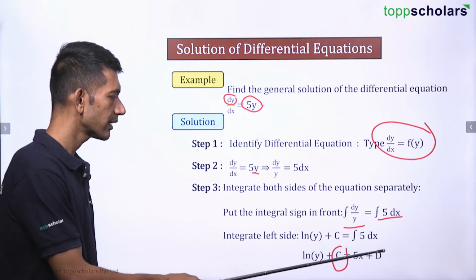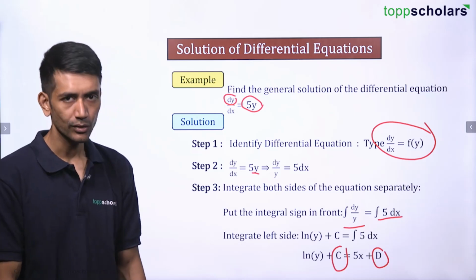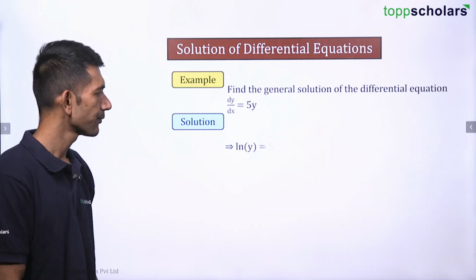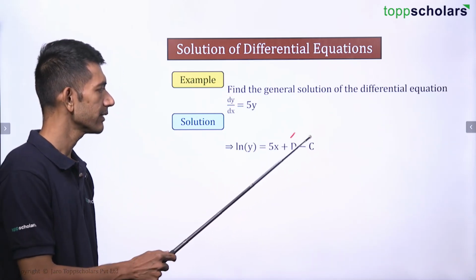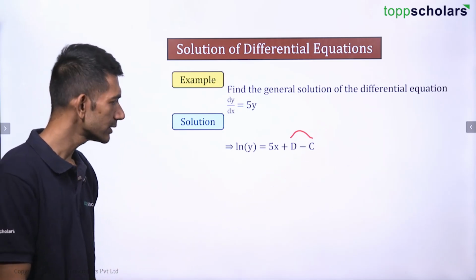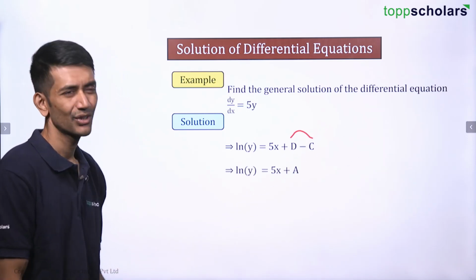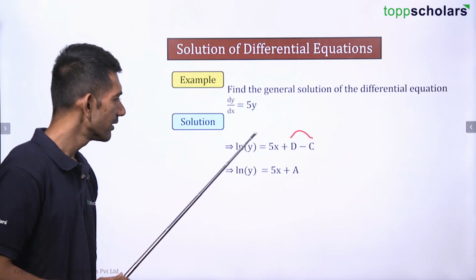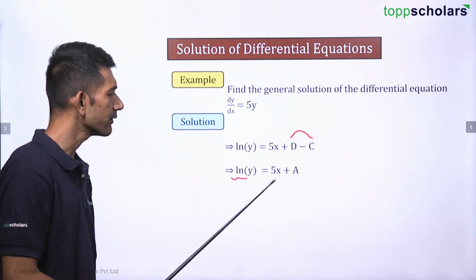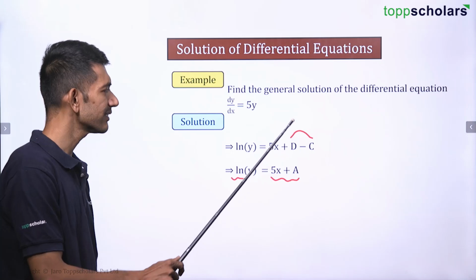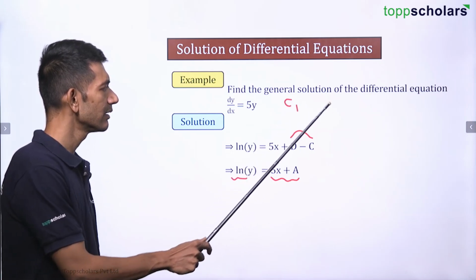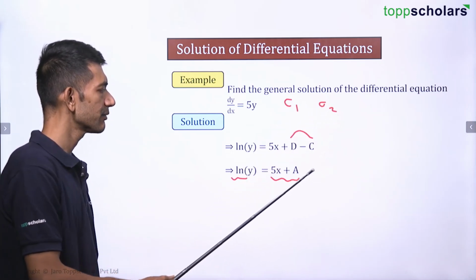C is a constant, d is a constant. Anyways, once you subtract the constants, you're going to get a constant only. See, d minus c. Subtract the constants, you get a constant. You can call it as a, right? So yes, log of y is equal to 5x plus a. You can also take this as c1, c2, and then this becomes c.